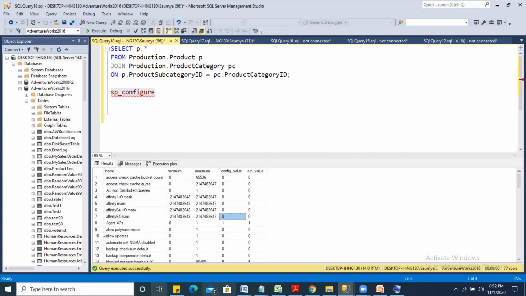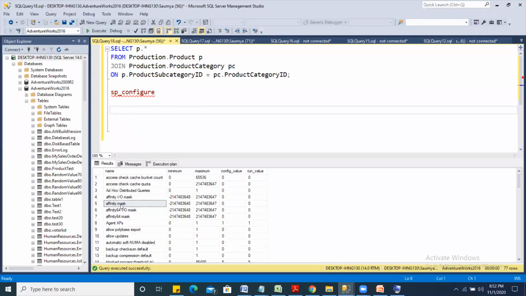How do we change it? That is the question. I have 4 processors here, and I want to assign only 3 processors to SQL Server and leave 1 processor for my applications and the operating system. So how can I define this?